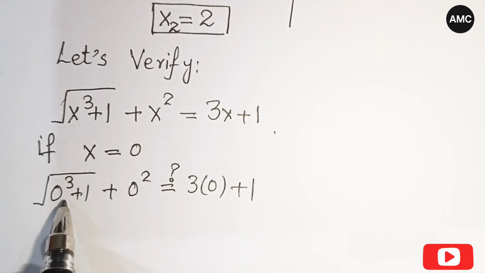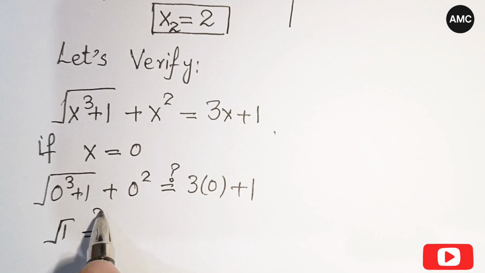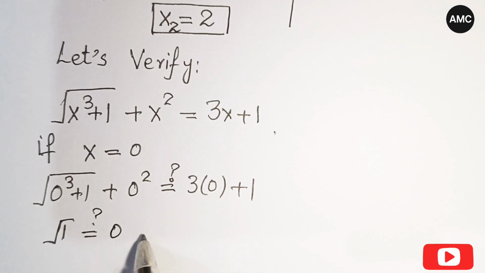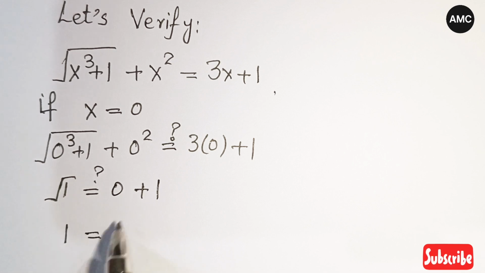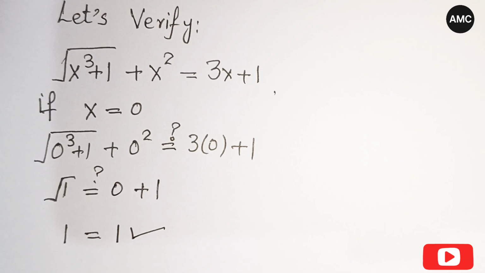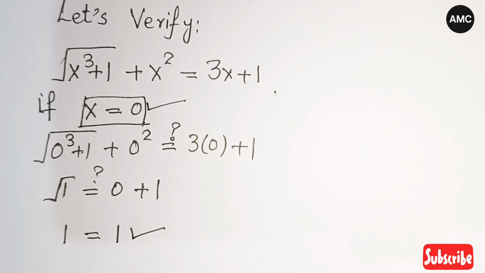Here 0 cubed is 0, so square root of 1 plus 0 squared, which is 0, is it equal to 3 times 0, which is 0, plus 1? So square root of 1 is equal to 1 and it is equal to 1. So our left hand side is equal to right hand side. So x is equal to 0 is a valid solution for this problem.